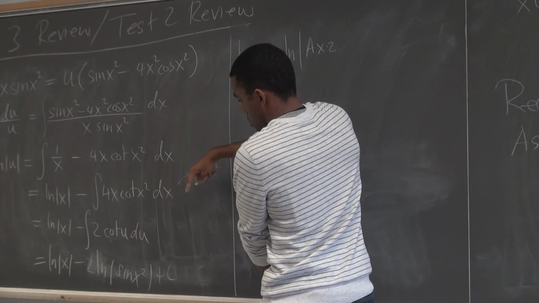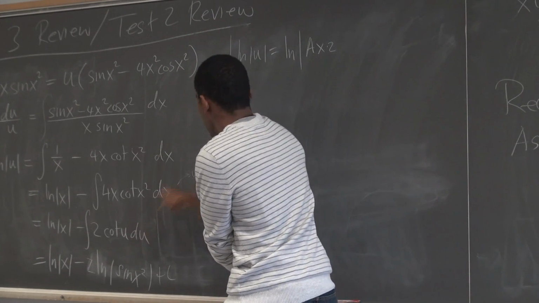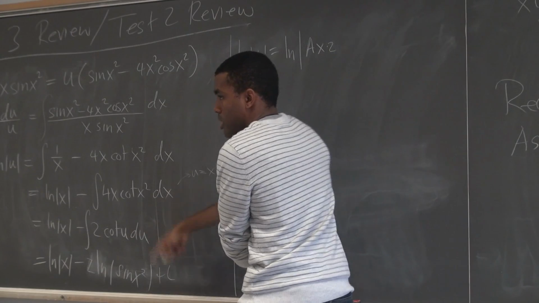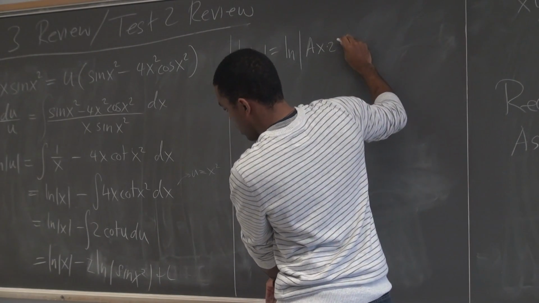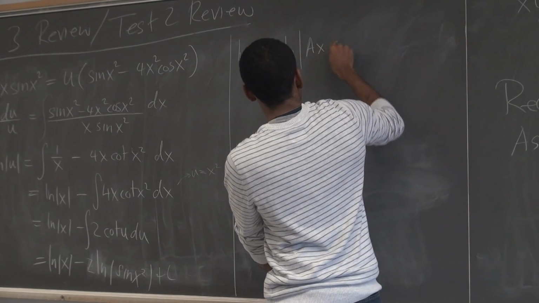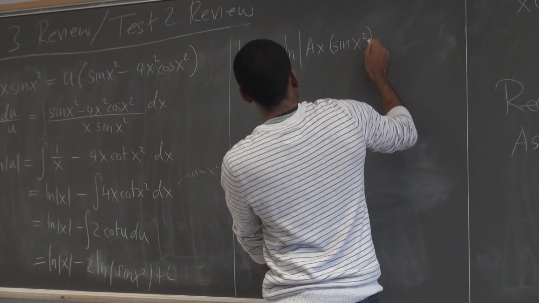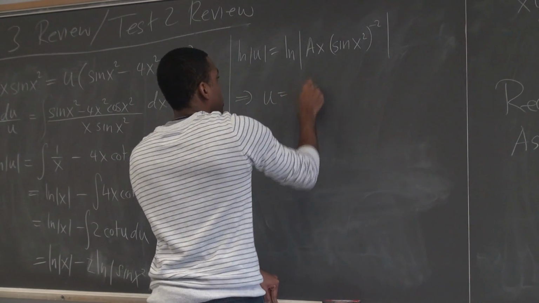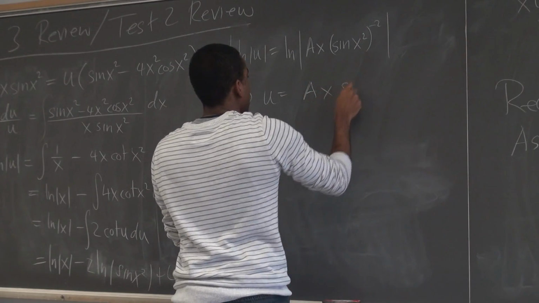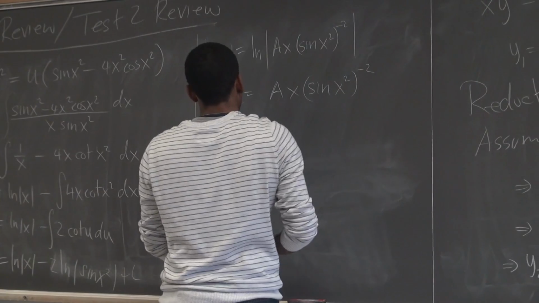It would just be ln of sine u, but my u is x squared. So this is a times sine x squared raised to the minus 2. So this means our u is equal to a x sine x squared minus 2.